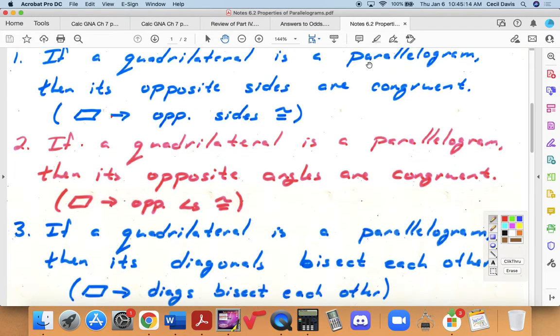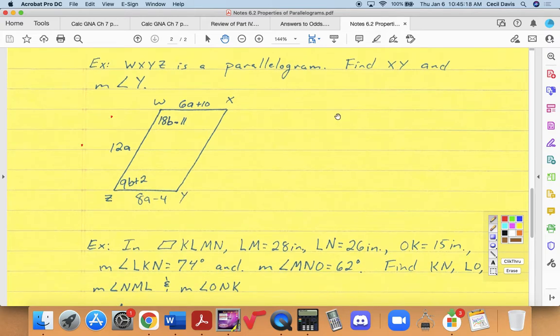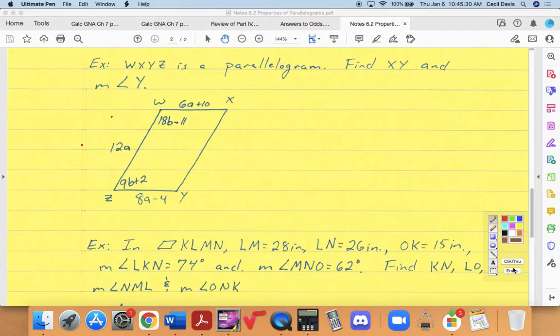All right, let's look at page 2. So, WXYZ is a parallelogram. Find the length of XY and the measure of angle Y. Okay.